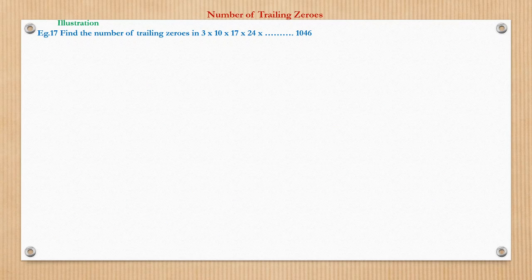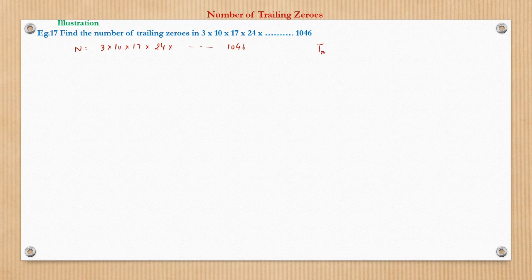Now this is another important question which we'll look into. See here, it's given that n is equal to 3 into 10 into 17 into 24, so on till 1046. Now see, this is an AP series basically, because all the terms differ by a difference of 7. 3 plus 7 is 10, 10 plus 7 is 17, plus 7 is 24.